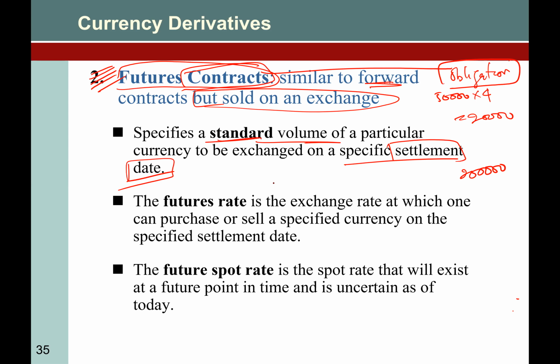The rate mentioned in the contract we call the future rate. In a forward agreement, the rate is called the forward rate. In a future contract, the rate is called the future rate. This is not the rate in the market; this is the rate in the contract. In the question, there are going to be 3 rates.